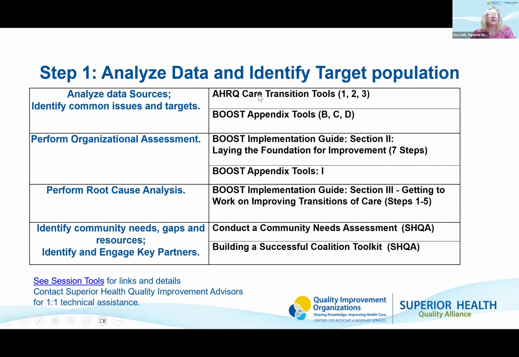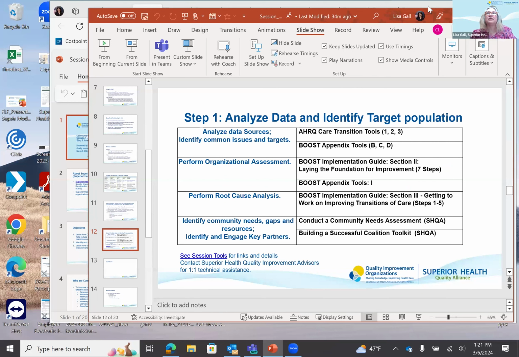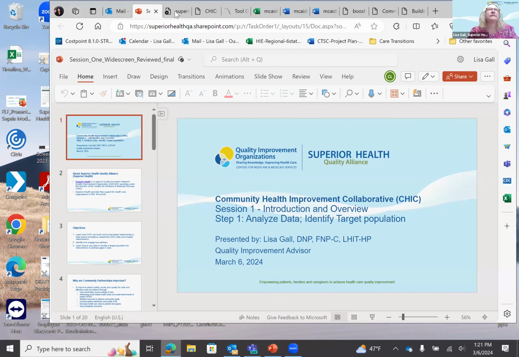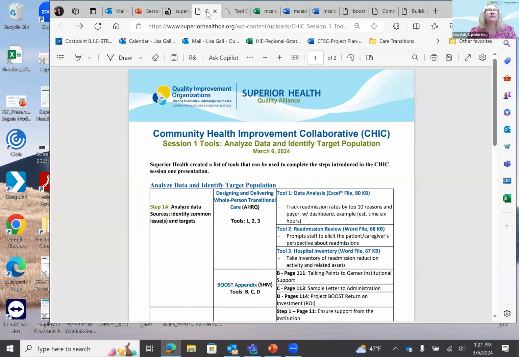For this sub-step, we have several tools that we're going to be using, and I'm going to share my screen as I have them all pulled up already. If you link on that session 1 tool on the bottom of that last slide, it said see session tools.